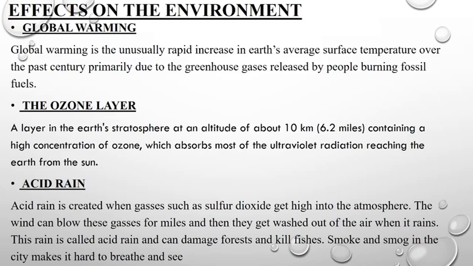So the ozone layer is a kind of layer that is about 10 kilometers high in the Earth's stratosphere, and it prevents some ultraviolet rays from the sun from touching the Earth. So this is what happens when the ozone layer gets depleted. It allows these ultraviolet radiations to hit the surface of the Earth.